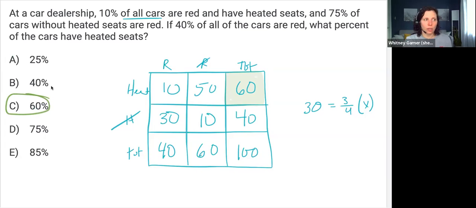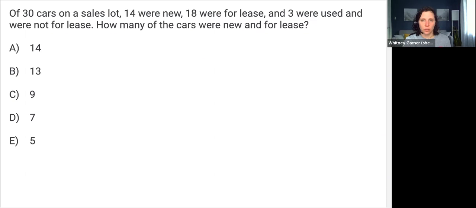Let's try one more of the somewhat more straightforward ones, and then we'll try 2 variations. So let's give this one a go.